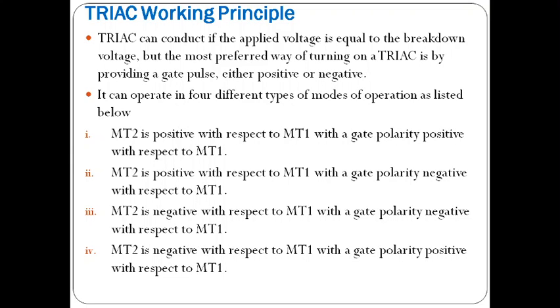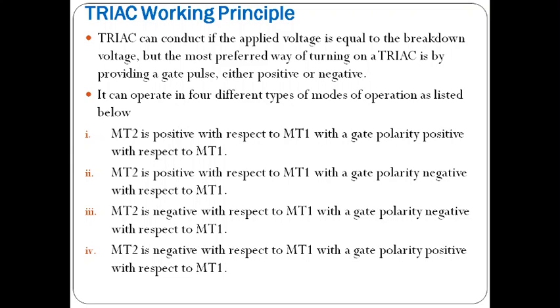Principle of triac. So a triac consists basically two SCRs which are in anti-parallel. Yes, we can say the working principle of triac is similar to the silicon control rectifier, but here the main difference between the silicon control rectifier and triac is the silicon control rectifier is unidirectional.